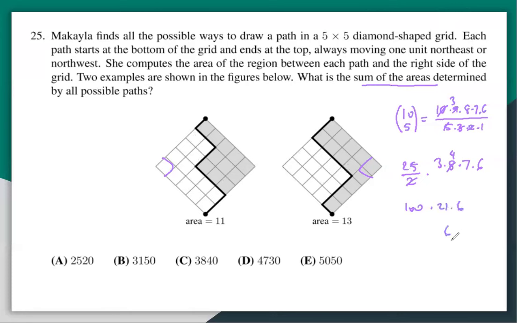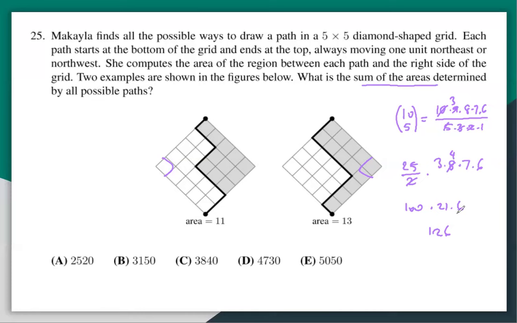So that will give us, let me double check. 6, that will be 12. And I think I messed up with something. So the 10s will cancel. So 3 will cancel. 3, 8, 7, 6. And then 25 over 2. So cancel that. So that's 4. That's 100. 21 times 6.